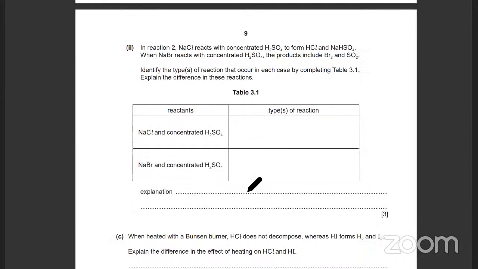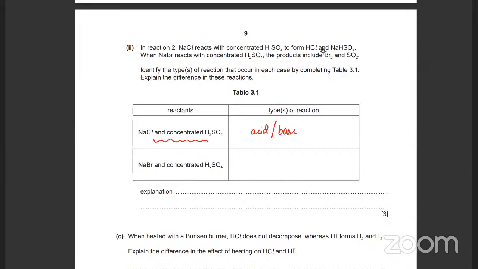And then you have this reaction. In reaction 2, NaCl reacts with concentrated H2SO4 to form HCl and NaHSO4. So what is the type of reaction that's happening? Is it acid-base or redox? Okay, you can write it as acid-base or a displacement reaction as well.